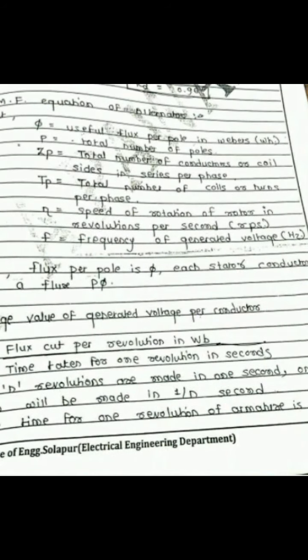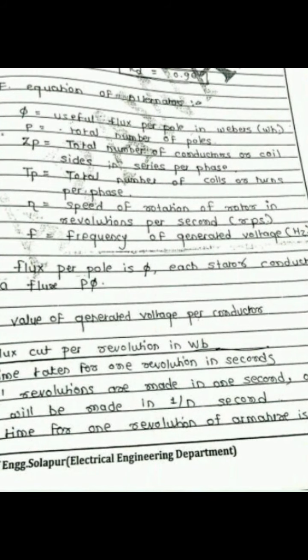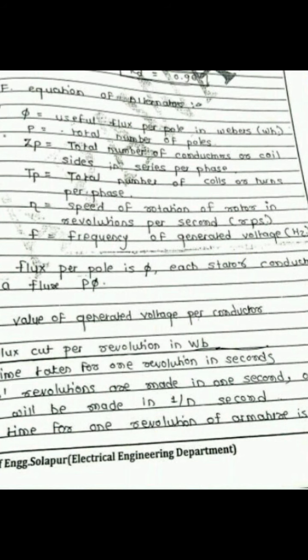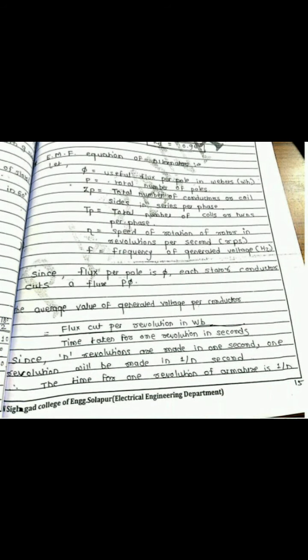So Z is the number of conductors, T is the total number of turns. N is the speed of rotation of the rotor in revolutions per second. So the speed is available in RPS, that is revolutions per second, and F is the frequency of generated voltage.